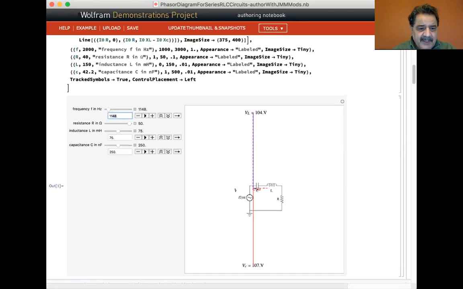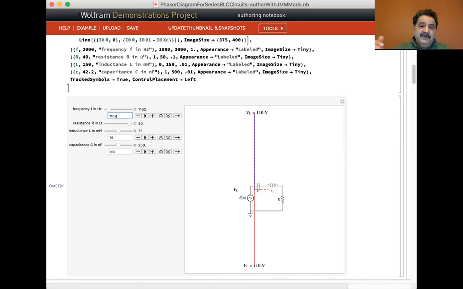So I'm just going to type that in, 1162. And sure enough, if you look at the V sub L, I don't know that you can see it on this scale, but the V sub L is equal to 110 volts in the positive direction.